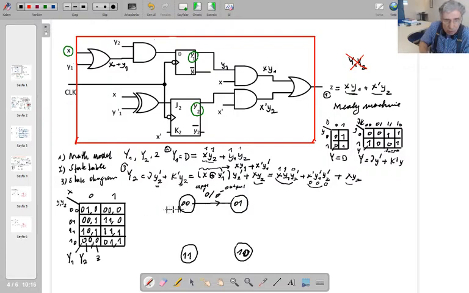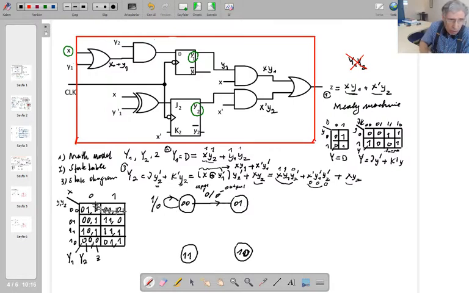So let's come to the next state now. My present state 0, 0. If my input is 1, my next state comes back to itself. So that's going to be like that. Input 1, and output is 0. So let's get the second row. Now my present state is 0, 1. That means I am in this state.